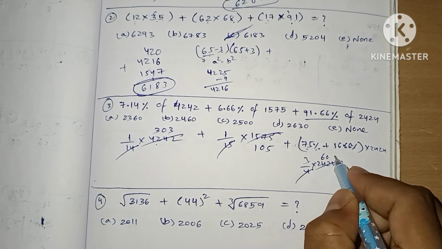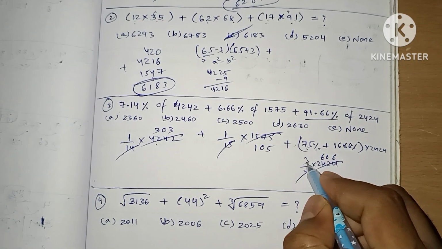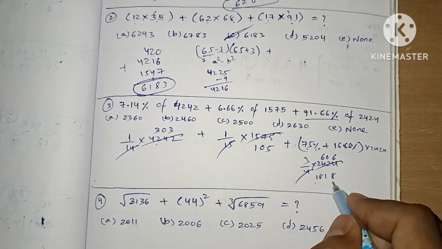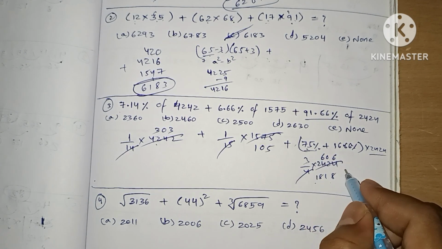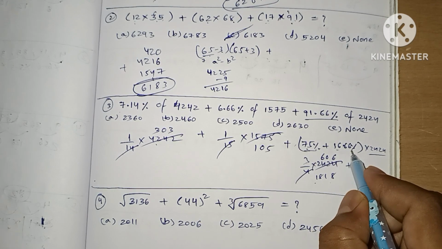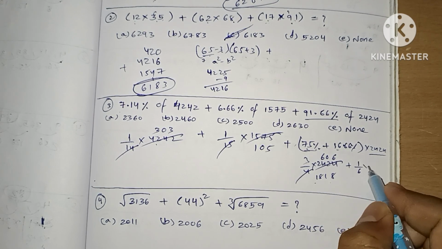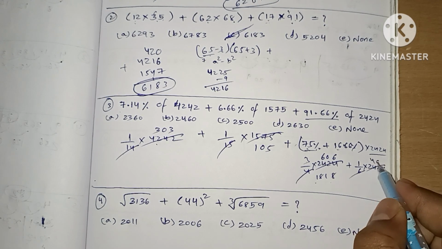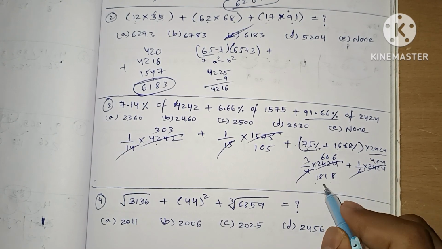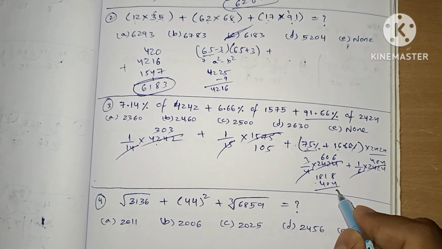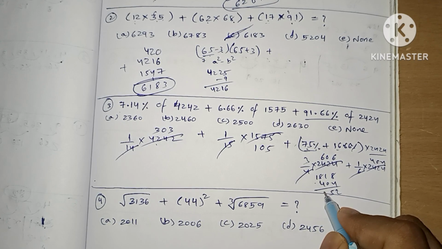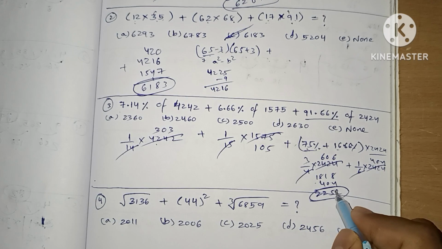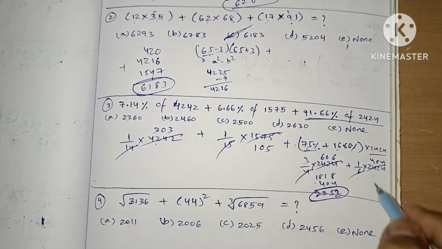So 1818 comes for this one, plus 16.66 percentage, which is nothing but 1 by 6 into 2424. So 404. These two addition means 2252 is the value for this one.